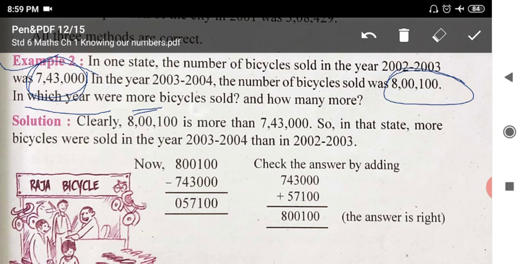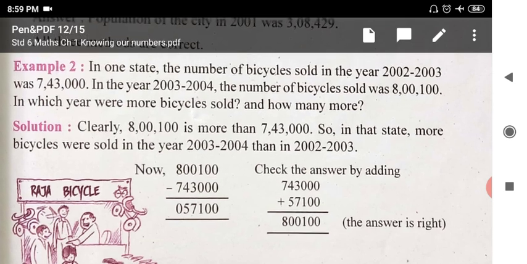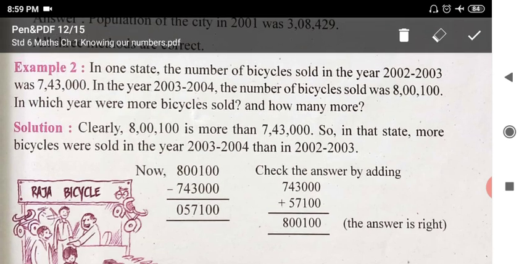Okay, so once again you see the numbers above, you will understand here. The number of bicycles sold in the year 2002 and 2003 was 7,43,000. This is the number. And in 2003-2004 the number of bicycles sold was 8,100,000. So obviously both the numbers are 6 digit numbers.